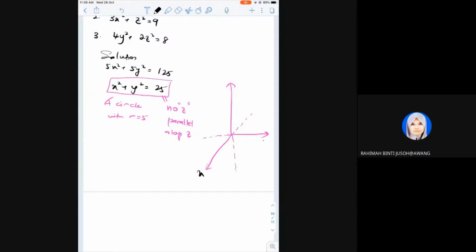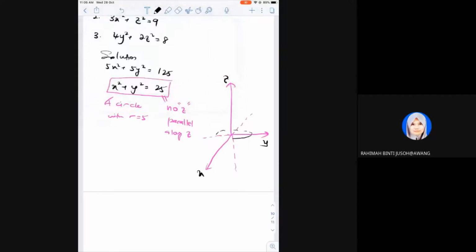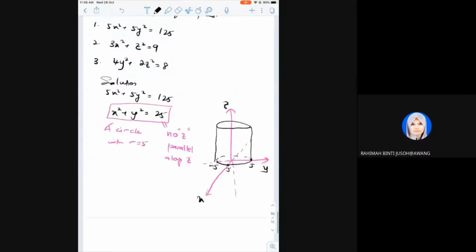X, Y, and Z. So the graph in 3D would be like this. Circle ni, you buat kat tengah-tengah ni dulu, circle with radius 5, and negative 5 here. And then you tarik sepanjang paksi Z. Like this. Okay. Next question number 2.